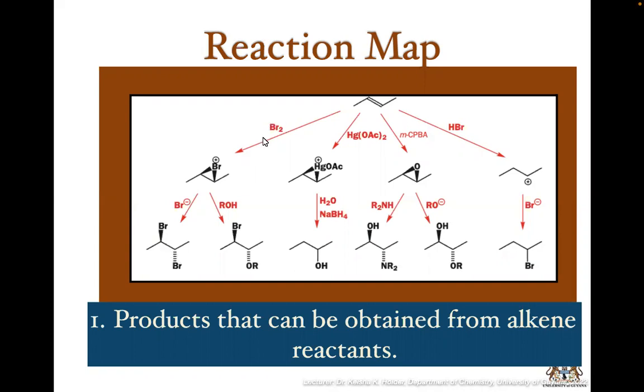But if our bromination reaction conditions are in the presence of water, which we call bromine water, then we would actually be able to access the 1,2 compound that has bromine as one of the substituents and an OH.